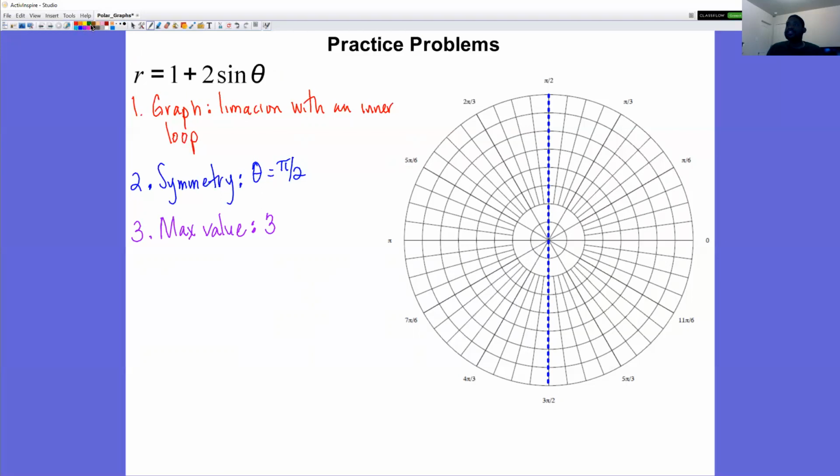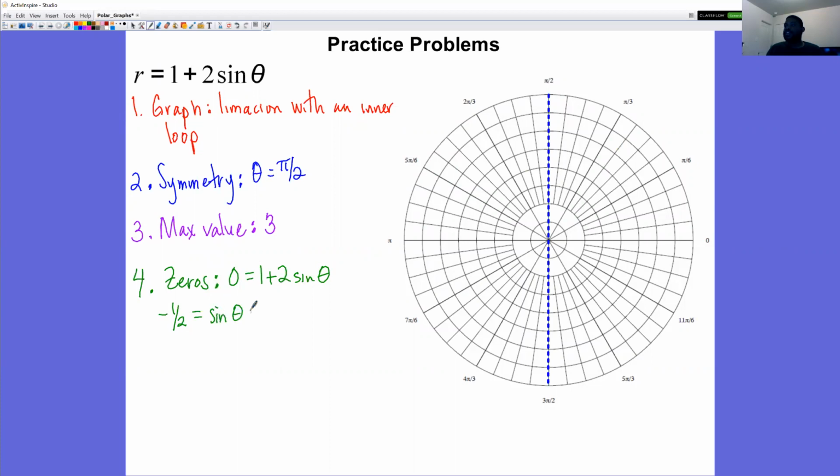And then the next thing we're going to find are the zeros. We're going to set r equal to 0, and then solve this as a trig equation. We're always solving this on the interval 0 to 2 pi, because that's what our polar graph is based on.